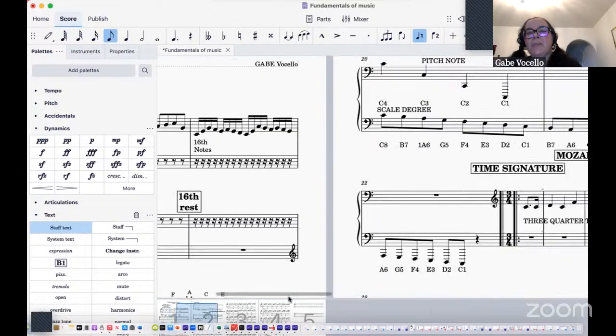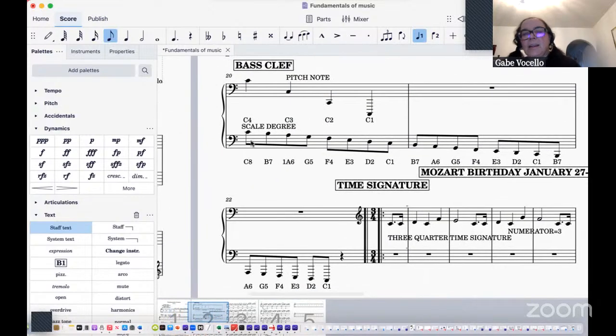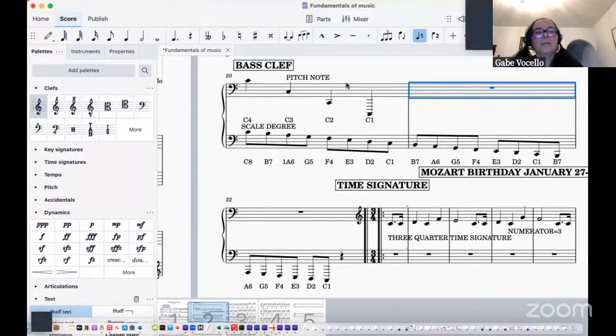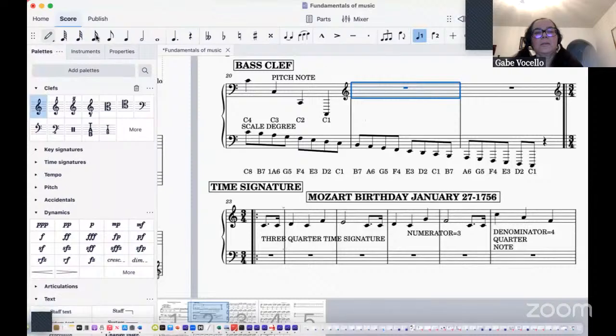On the bass clef, descending, C4 is the same as on the treble clef. C4 is the first ledger line below the musical staff on the treble clef.